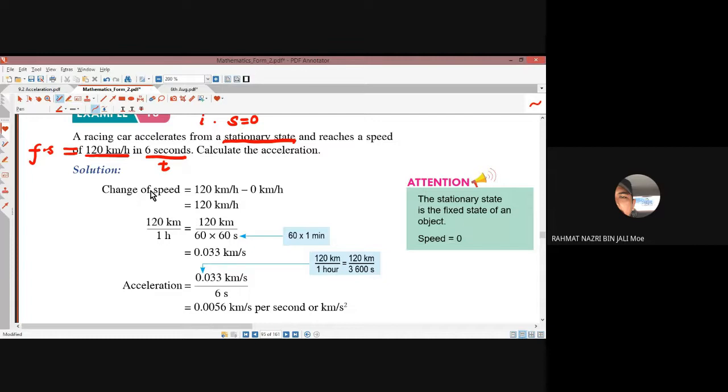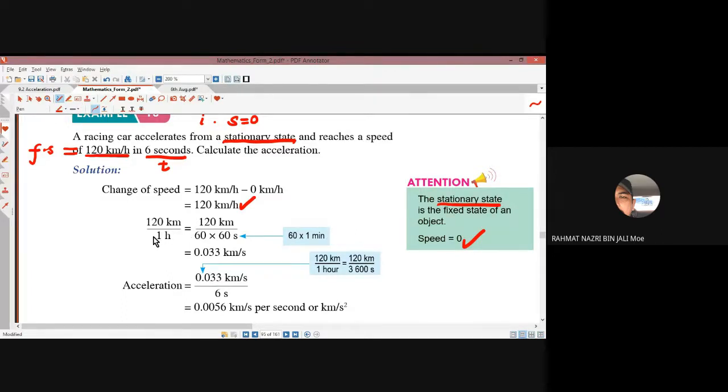Okay, the change of speed here, they calculate part by part. They calculate the change of speed, which is final minus initial. So we get 120 km per hour. You don't need to copy this, just look first. Okay, here they already mention the speed is equal to 0 when we have the stationary state.